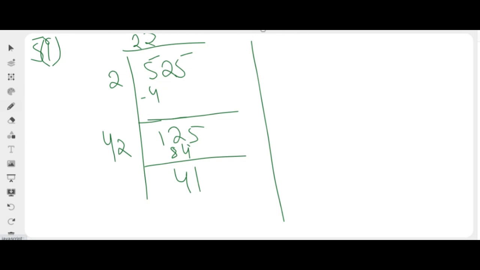Increasing the number, 23 squared will give 529. Okay, 529. So which number will be added to 525?